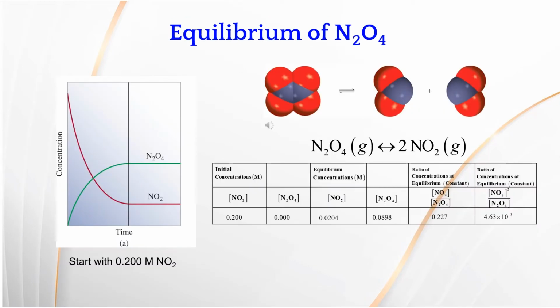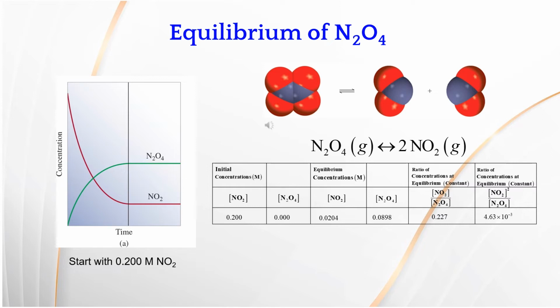Okay, let's look at the experimental data obtained for the reaction between dinitrogen tetraoxide and nitrogen dioxide. In this first experiment, referring to the graph, we can see the initial concentration of nitrogen dioxide is 0.2 and dinitrogen tetraoxide is 0.